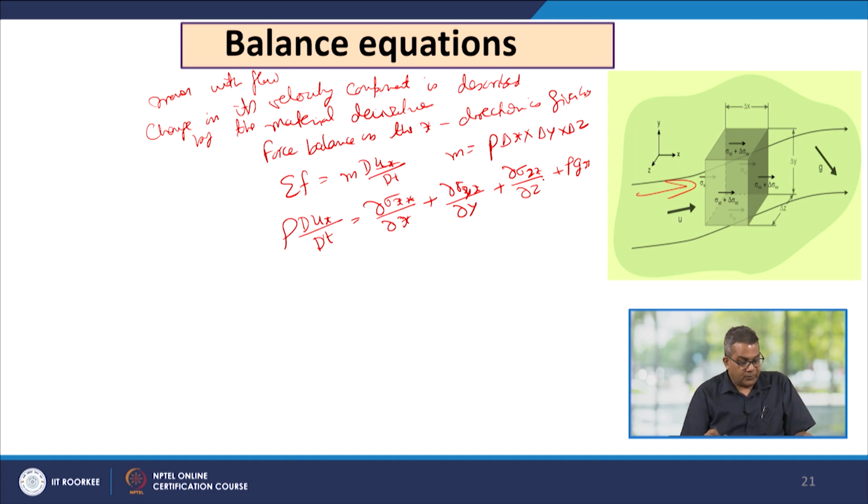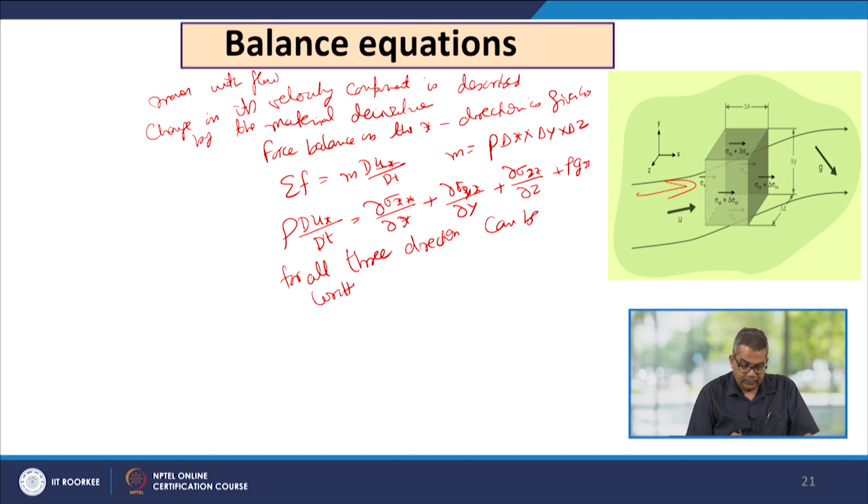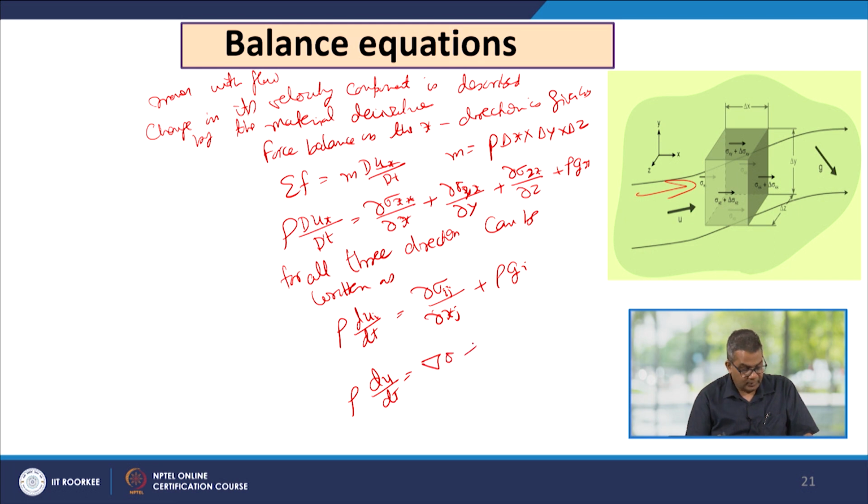Now, for all three directions, this can be written as rho dui over dt is equal to del sigma ij over del xj plus rho gi, that is, rho du over dt is equal to del sigma plus rho g.